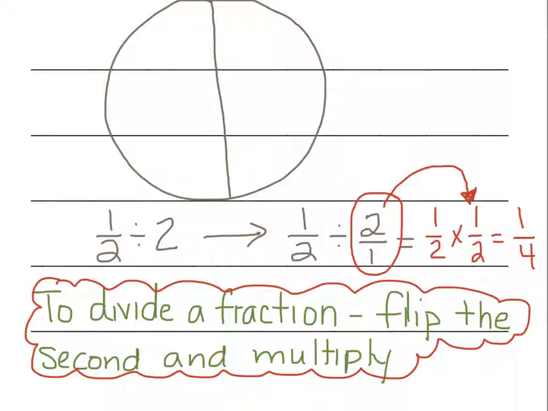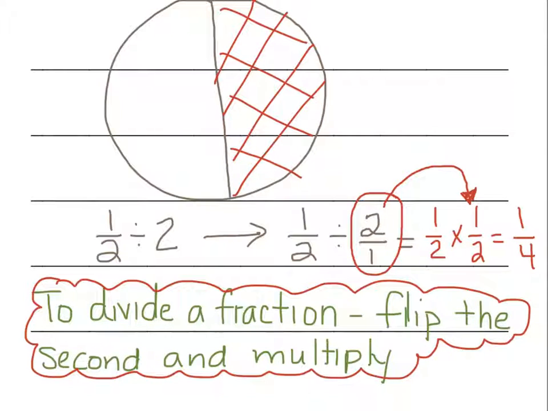Now here's how that looks on our pizza. This part of the pizza was already gone. Mom and Dad have already eaten that. So you and your sister are splitting this part over here. So you are getting 1/2 of 1/2.